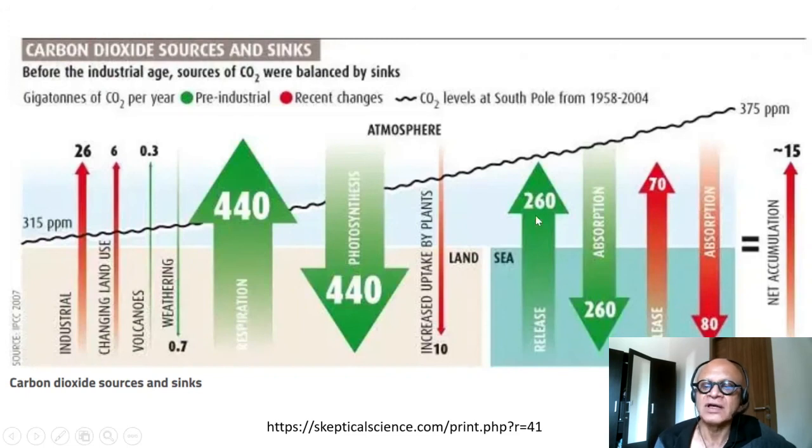So over sea you had 260 in and 260 out, so also fairly balanced. But now land has increased uptake by plants to about 10 gigaton CO2 per year, and the ocean is doing somewhat of a similar number, so it's releasing 70 but absorbing about 80. Okay, so the net accumulation is about 15 gigatons in the system.